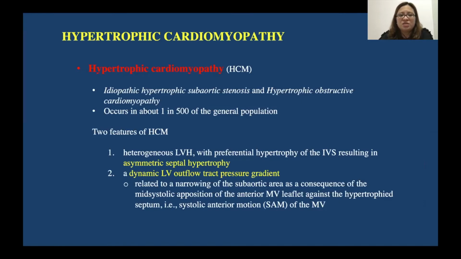This is related to a narrowing of the subaortic area as a consequence of the mid-systolic apposition of the anterior mitral valve leaflet against the hypertrophied septum. This is what we call the systolic anterior motion of the anterior mitral valve leaflet.